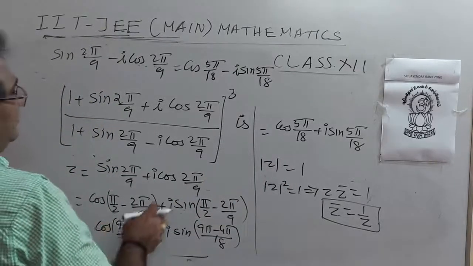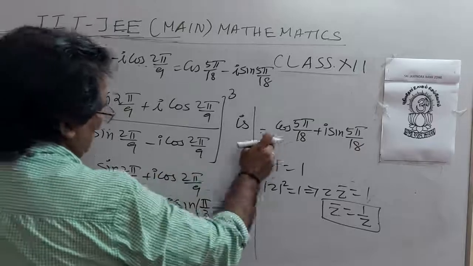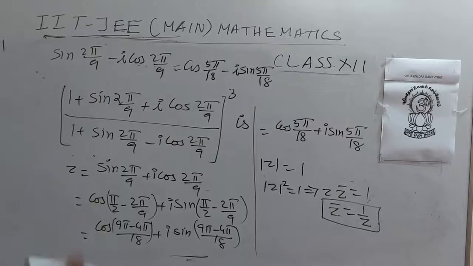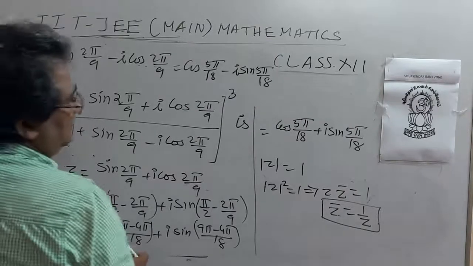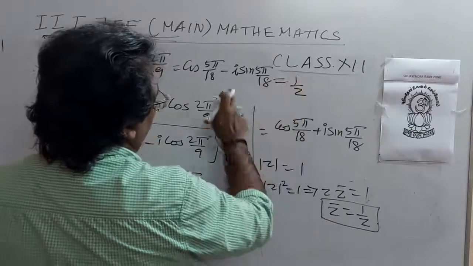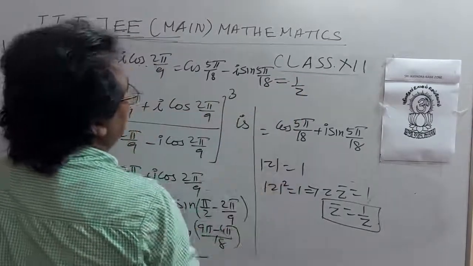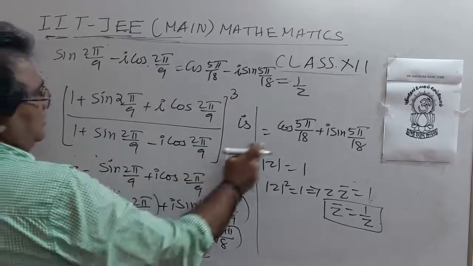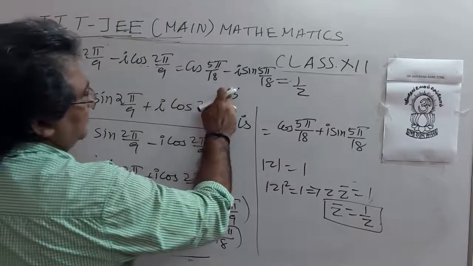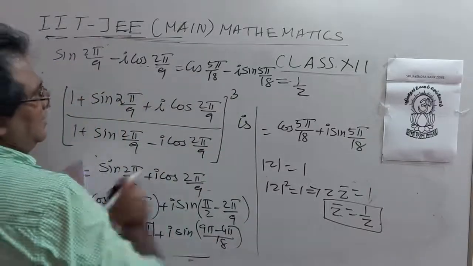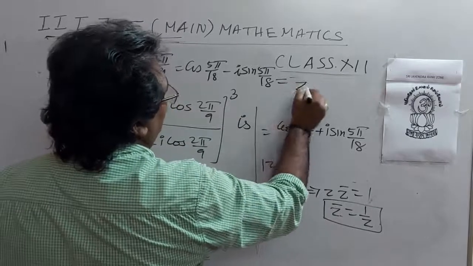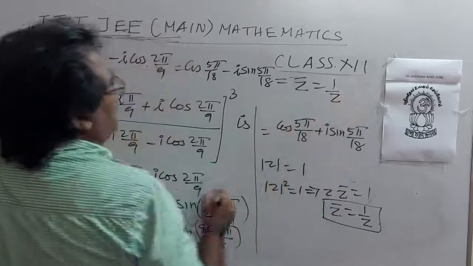So if this term represents z, this will represent its conjugate, z bar. Z bar equal to 1 by z.